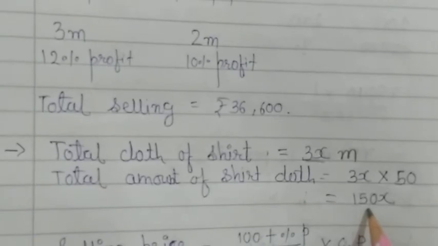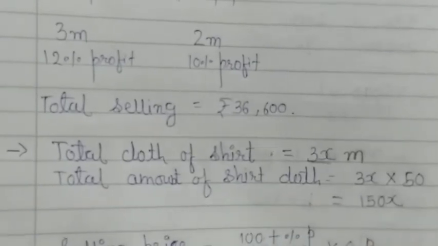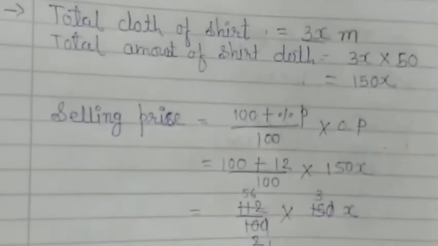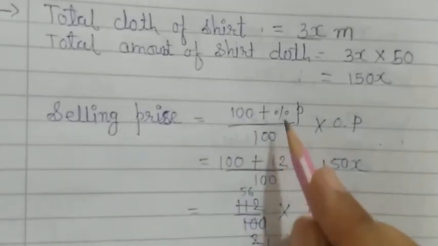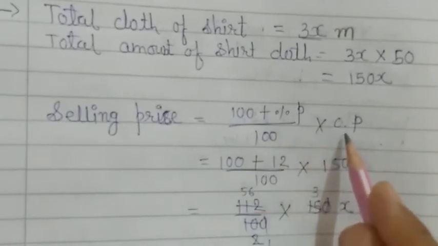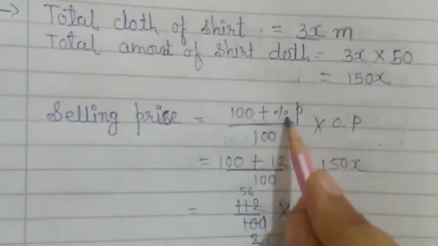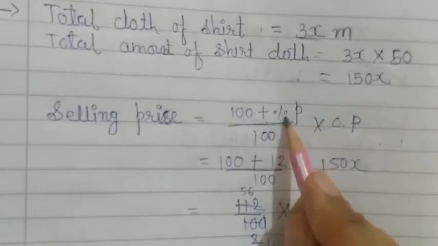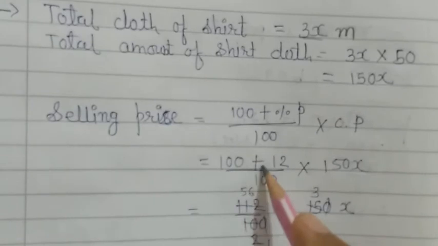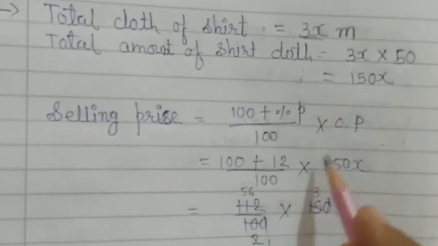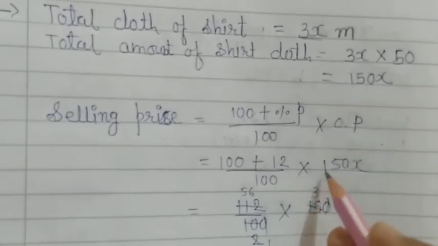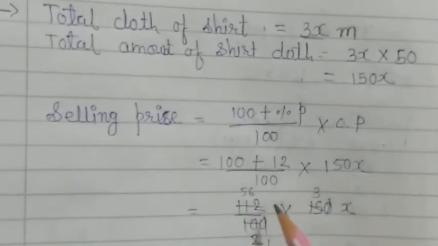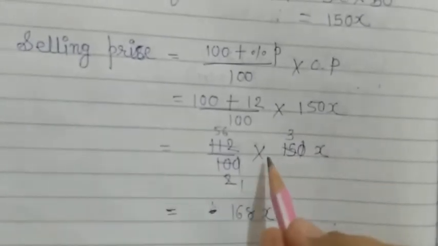Now we have to find the selling price for the shirt. The selling price equation is (100 plus profit percentage) upon 100 multiplied by cost price. Now the profit percentage of shirt is given as 12%, that is already given in the question. So 100 plus 12 upon 100 multiplied by, in place of cost price, we take 150x. Now 100 plus 12 is 112 divided by 100 multiplied by 150.